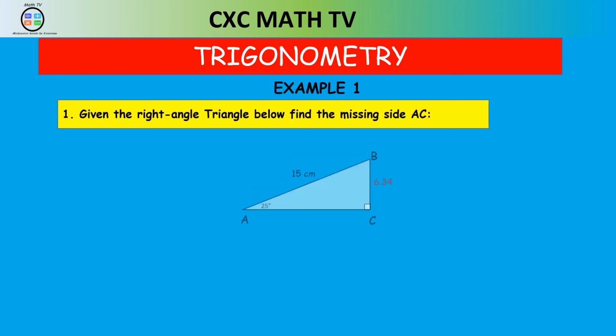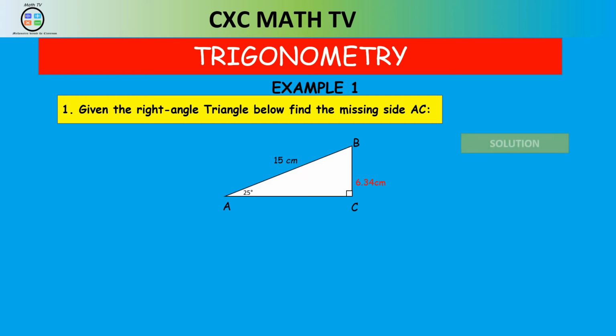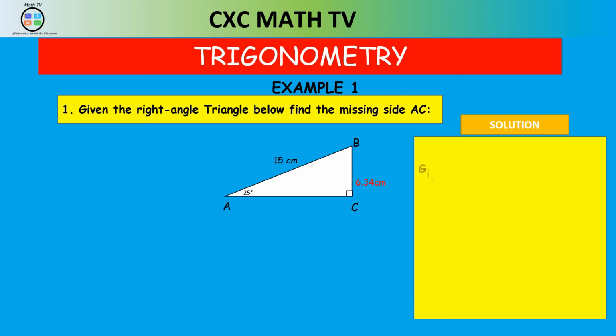Now what if you were asked to find the missing length AC? We know the hypotenuse and we know the angle is 25. To find the adjacent, given the hypotenuse, that relates to which one of the formulas? Cosine. Beautiful.